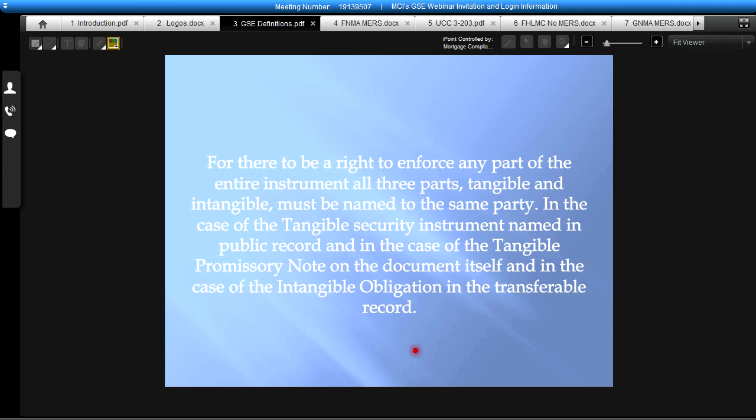Again, must be named to the same party. In the case of the tangible security instrument, named in public record, and in the case of the tangible promissory note, on the document itself, and in the case of the intangible obligation, in the transferable record.